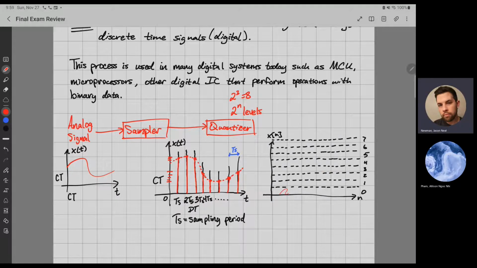So what it's going to look like, I'll just do the best that I can here. So let's go up to here. There. I think I've already messed up, but you get the idea.